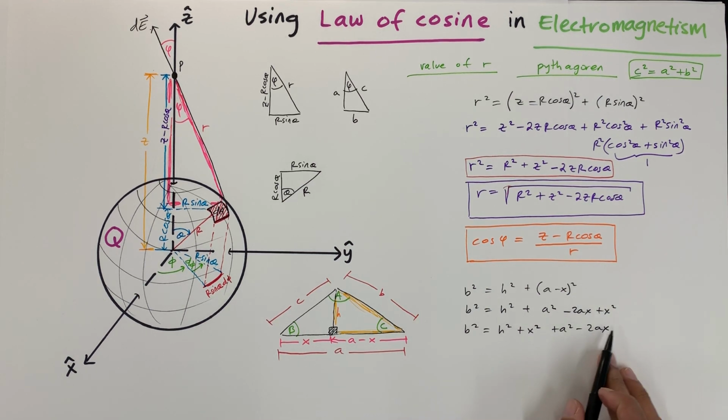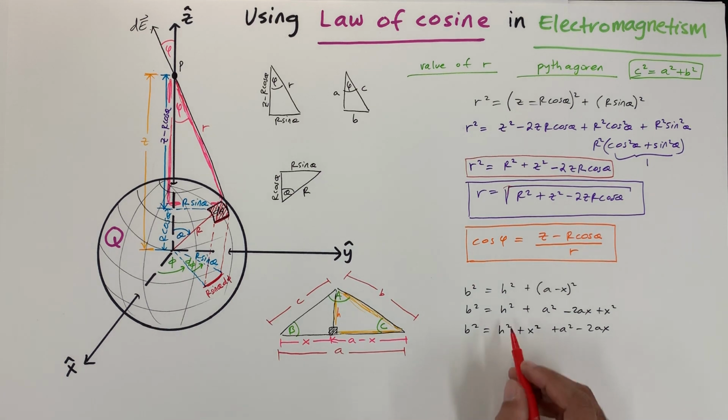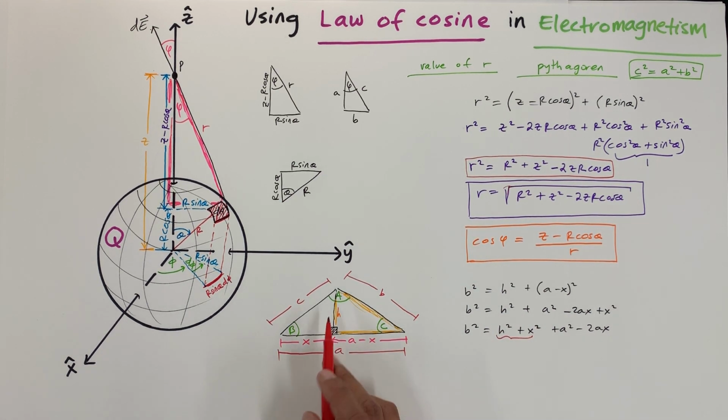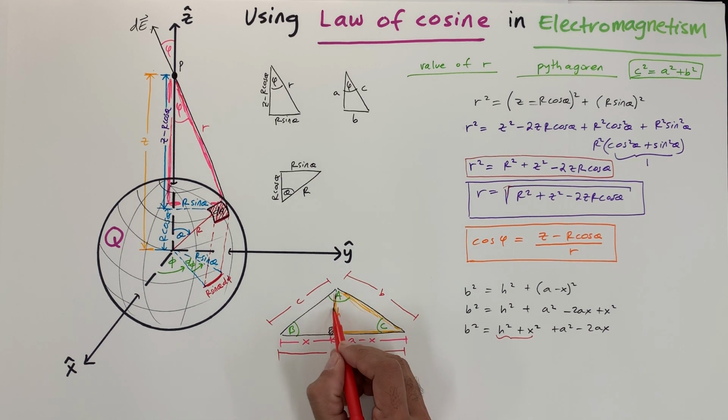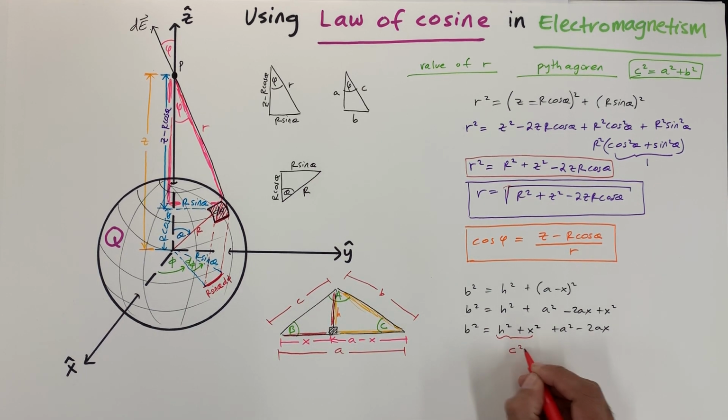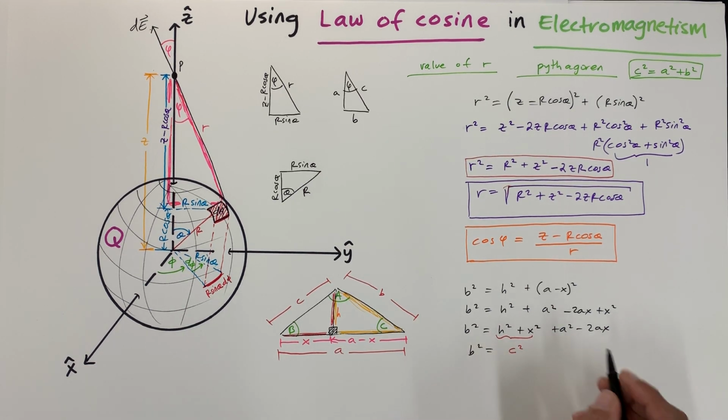I didn't change anything, I just rearranged it, so that we can identify that h squared, which is this, plus x squared, which is this, is going to equal c squared. It's its own Pythagorean in here. So c squared is equal to h squared plus x squared, and this could be changed to c squared. And that's going to equal b squared. Everything comes back down.